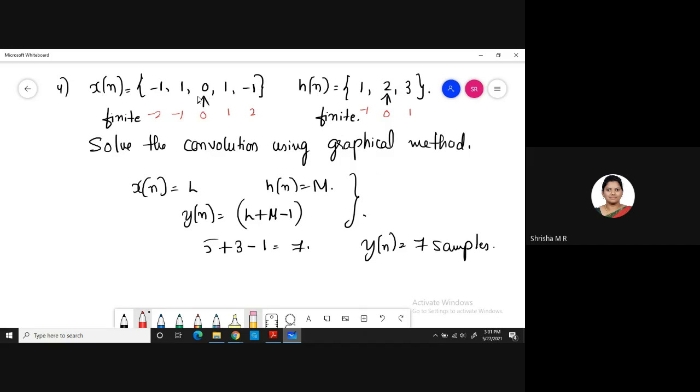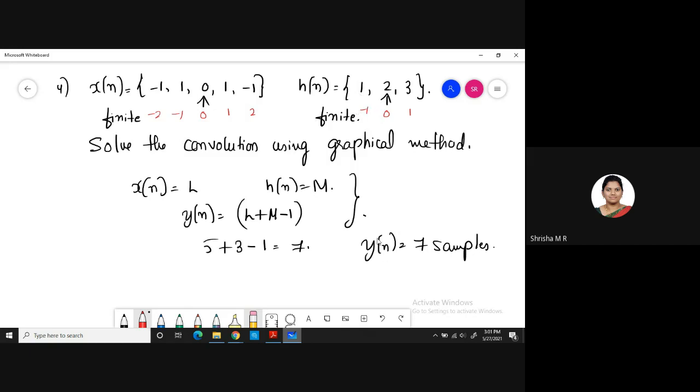You're having 7 samples, so what is the first sample you have to know? Where y of n will start, which value you have to know. So add this to the left of n equal to 0. How many values do you have here? Here you have 1, here you have 1 and 2. So 2 plus 1, it is 3.